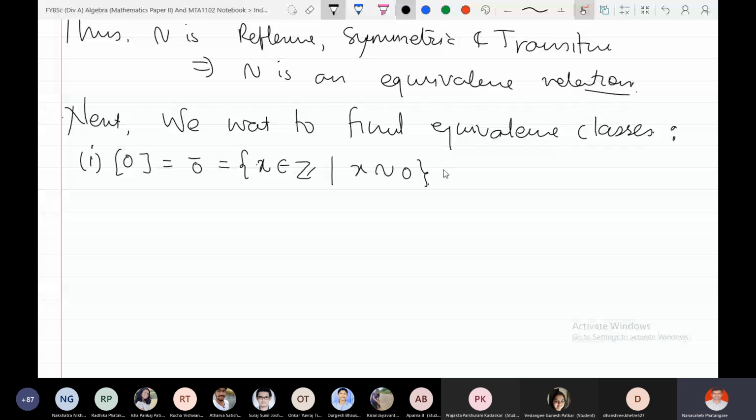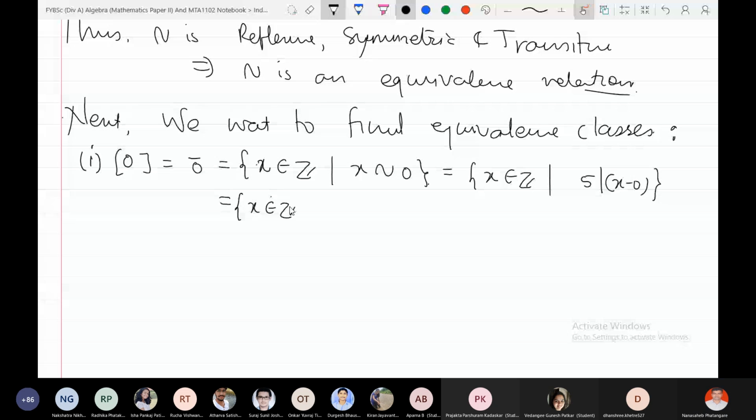But what does it mean? Those integers related to 0 mean their difference is such that 5 divides x minus 0 or 0 minus x, because the relation is symmetric, so it doesn't matter whether it is x minus y or y minus x.